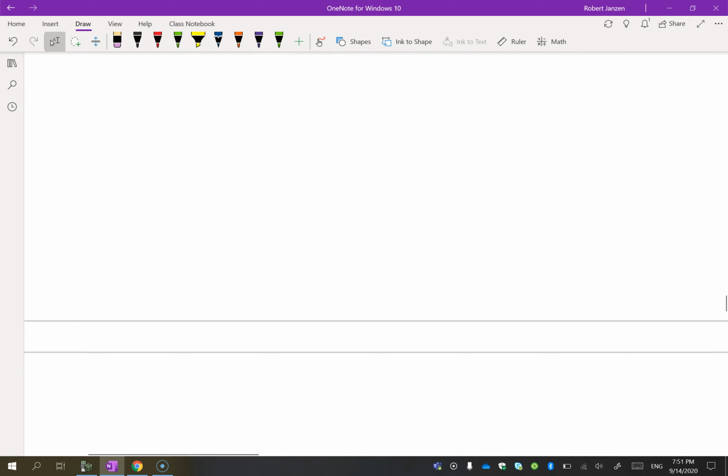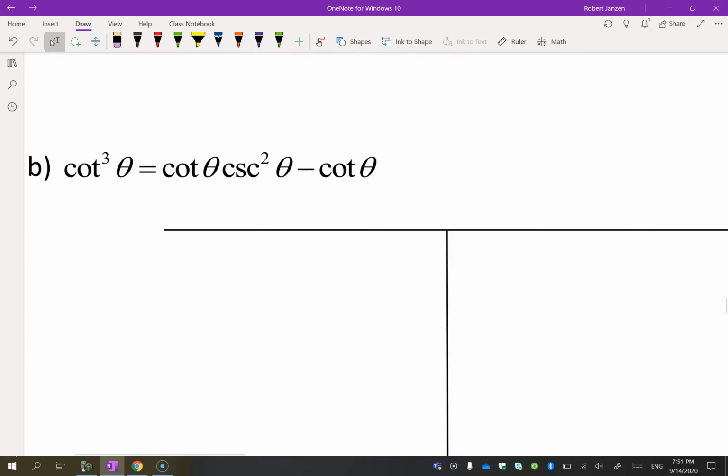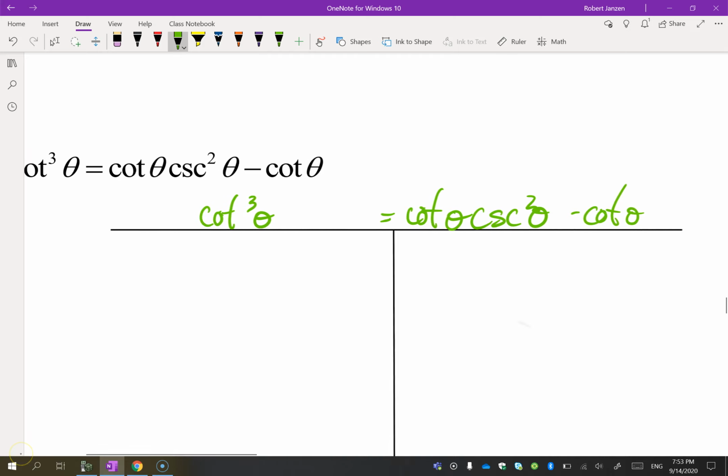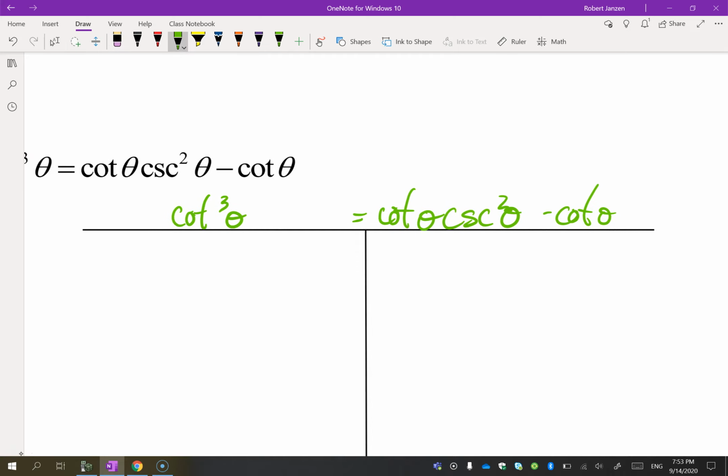Let's try this one. What's more complicated here? It should be pretty obvious that it's the right side.